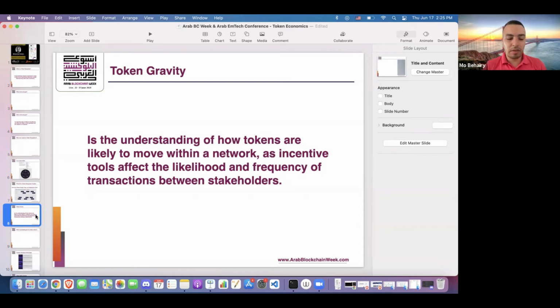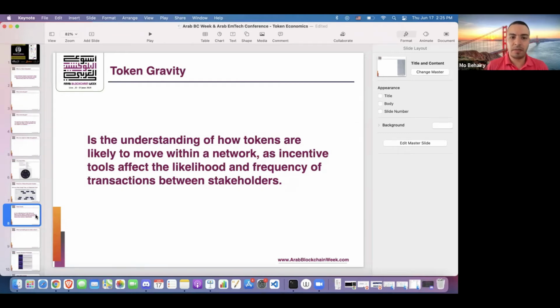The reason why I wanted to talk about token gravity is that some of the startups or blockchain teams I work with have a very good problem or idea to work on, but it could be messed up very easily by how they designed their token.